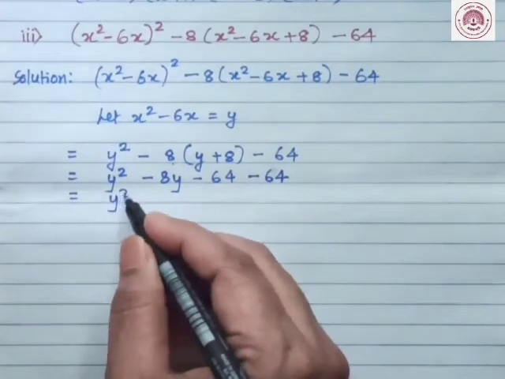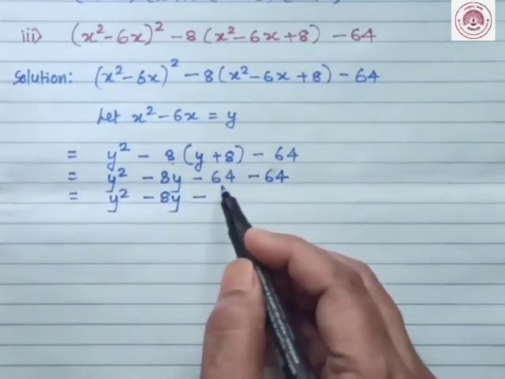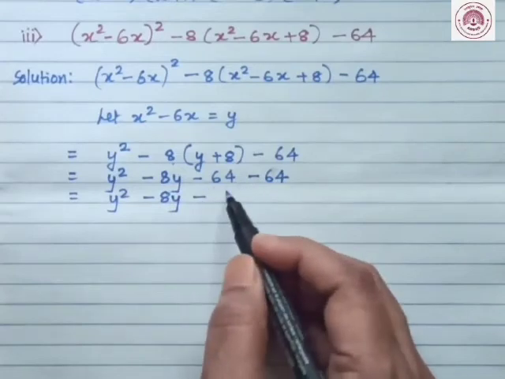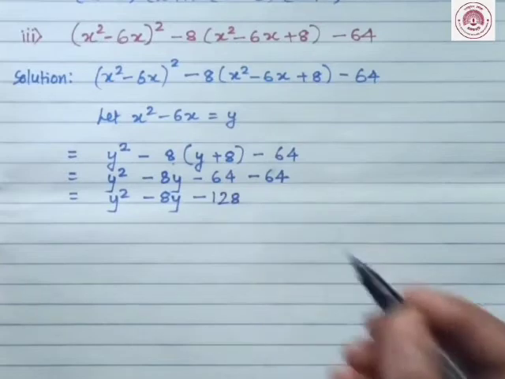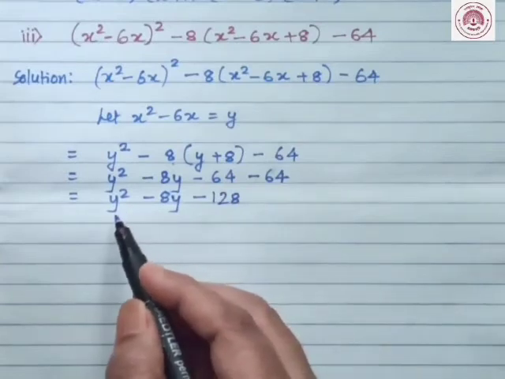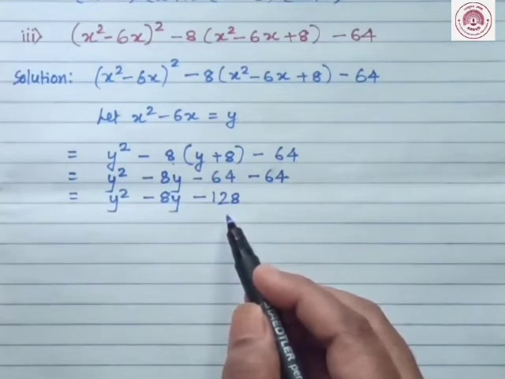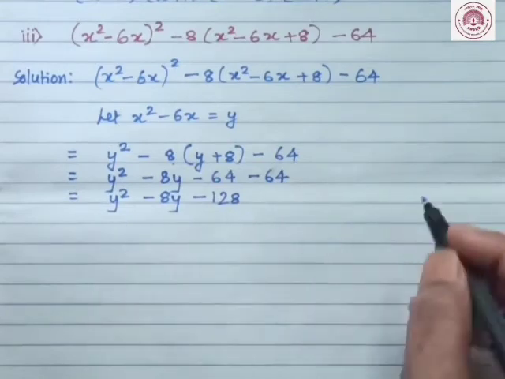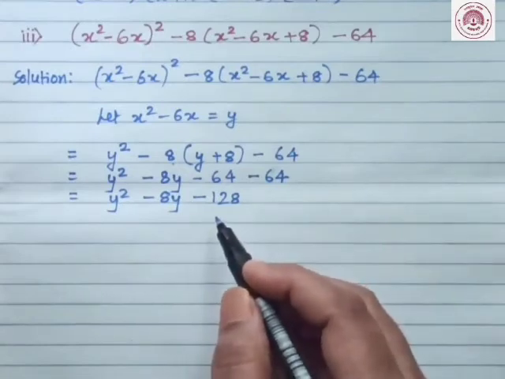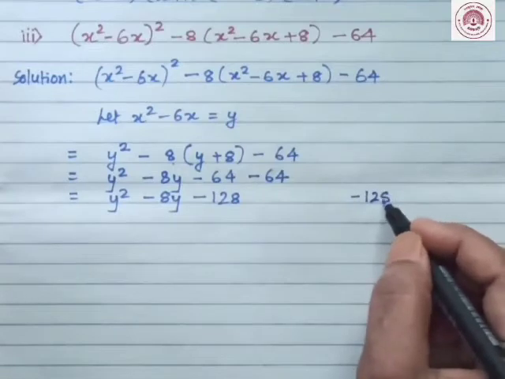y² − 8y − 64 − 64, both are negative, so it will be −128. Now here the coefficient of y² is 1 and the constant term is −128. So we have to find the factors of 1 multiplied by −128, which is −128.